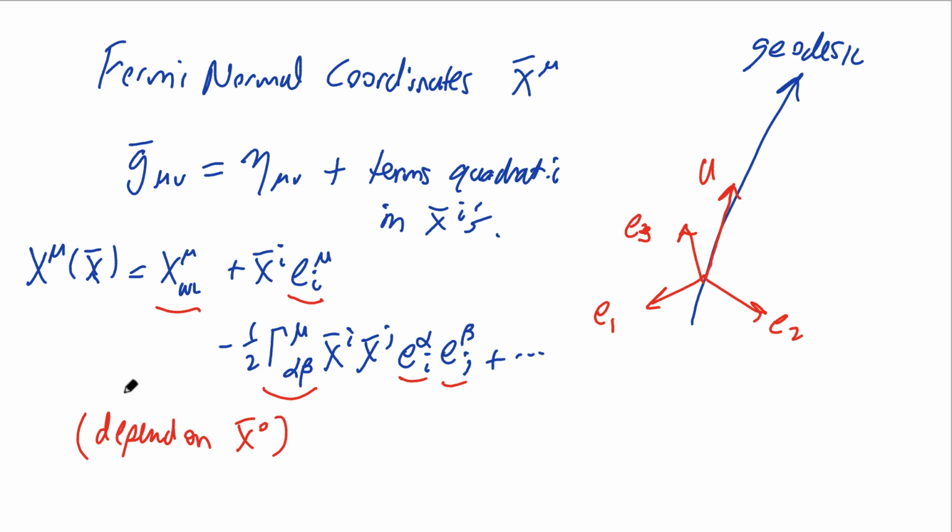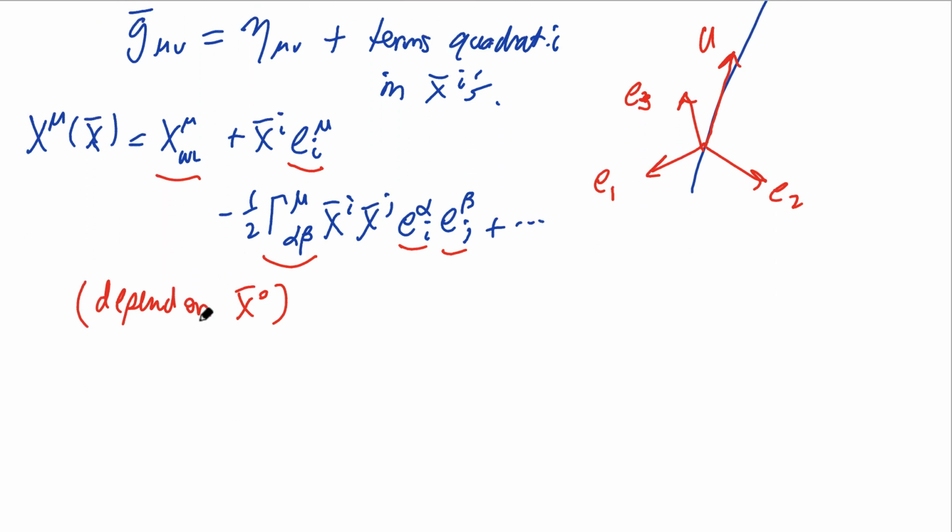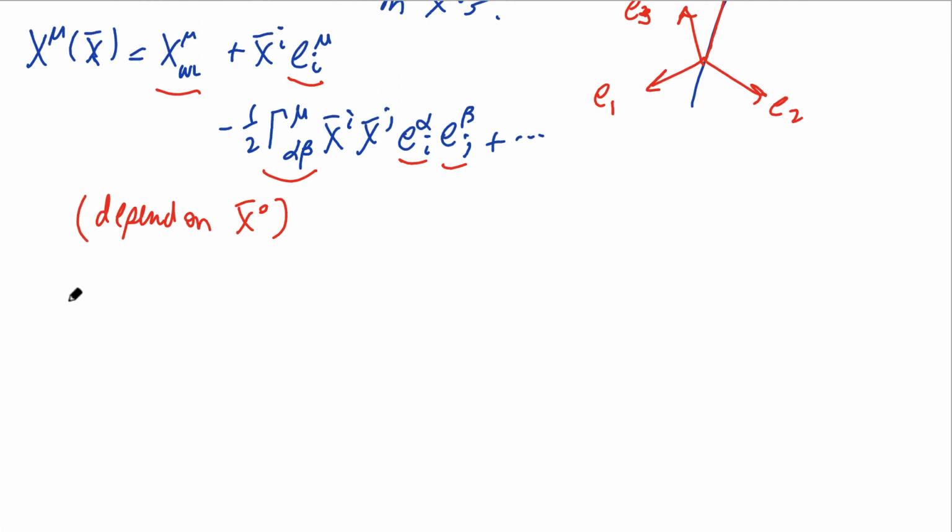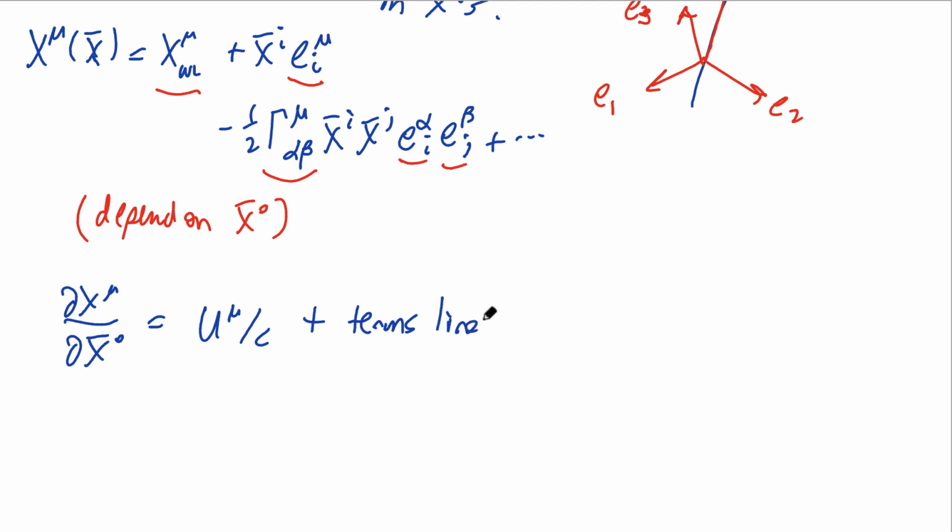And from this, we worked out the derivatives of the old coordinates in terms of the Fermi normal coordinates. So we found partial x^mu with respect to x bar 0 is equal to u^mu over c plus terms linear and higher in the x bar i's.